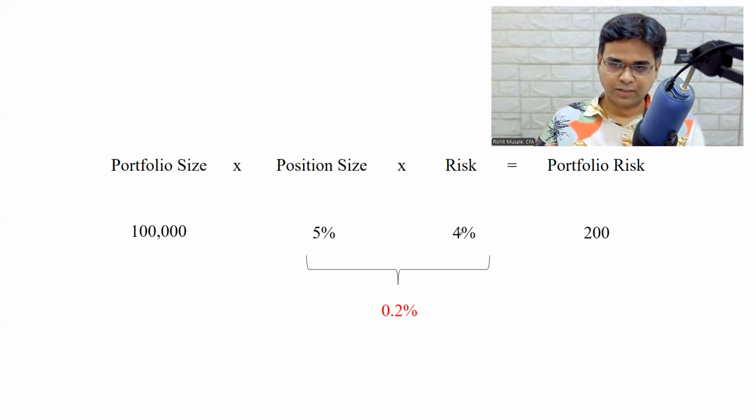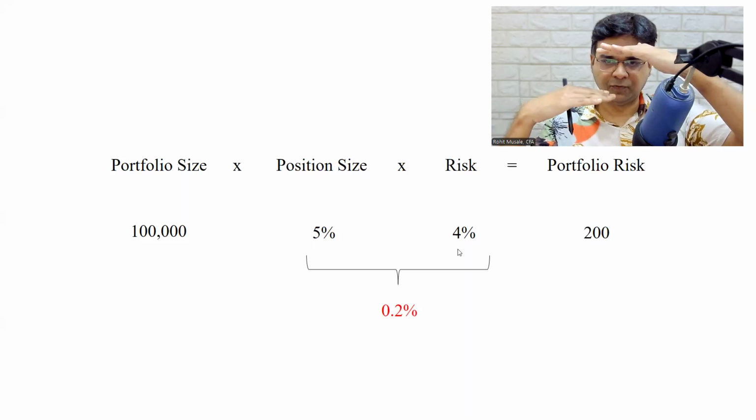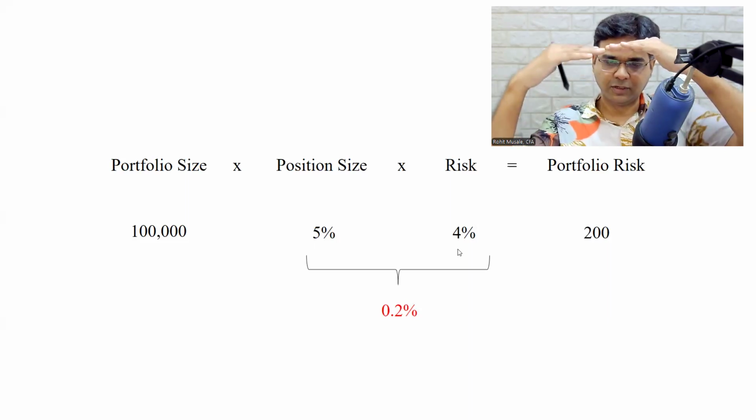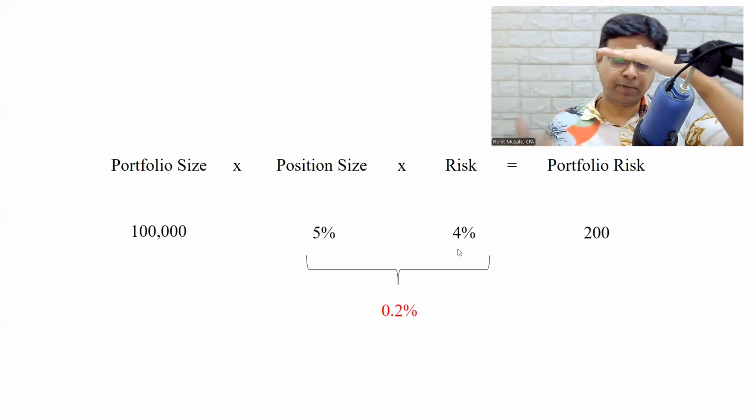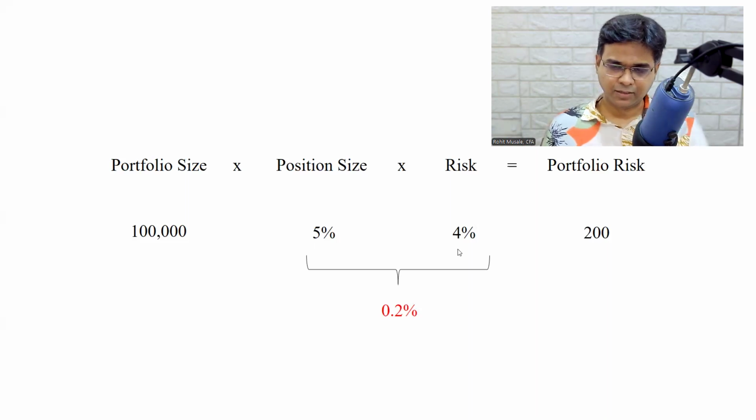What is risk? Risk is basically the stop loss. So if I buy here, I will keep a stop loss of 4%, so 96% of my buy price. If my buy price is 100, then at 96, I will keep my stop loss. So that's my 4% risk.